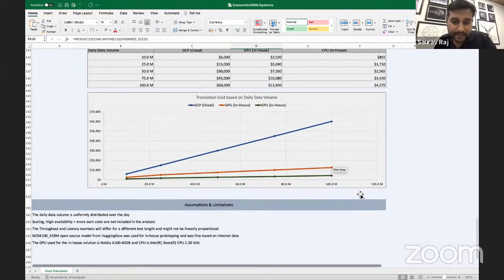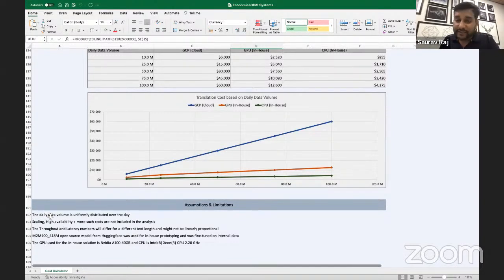So the analysis is mostly done. I'll just go through the assumptions that we have taken for this analysis. The first assumption is that the daily data volume is uniformly distributed over the day, which means if it's 1 million characters, it is uniformly distributed throughout the day.